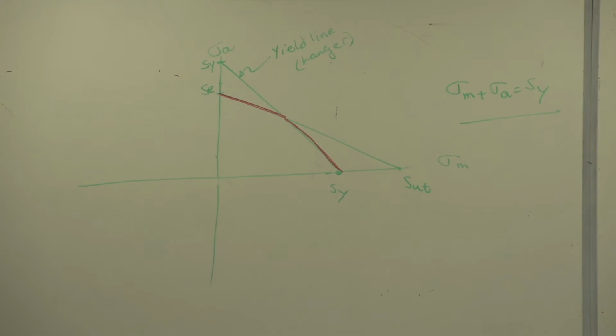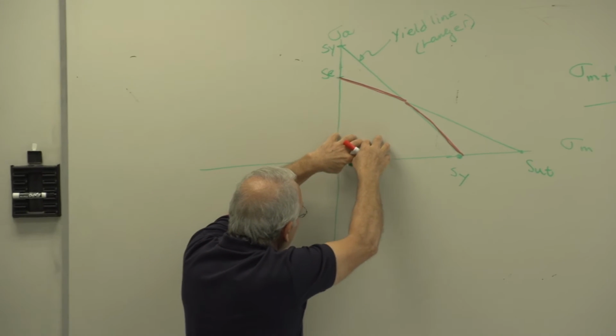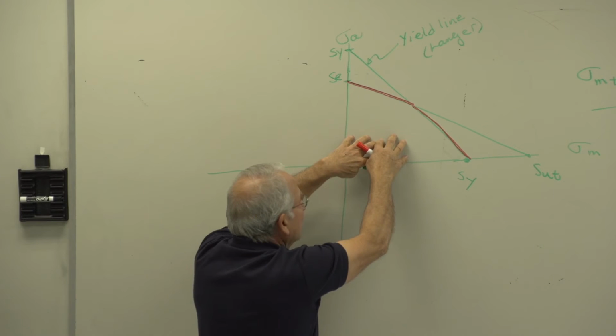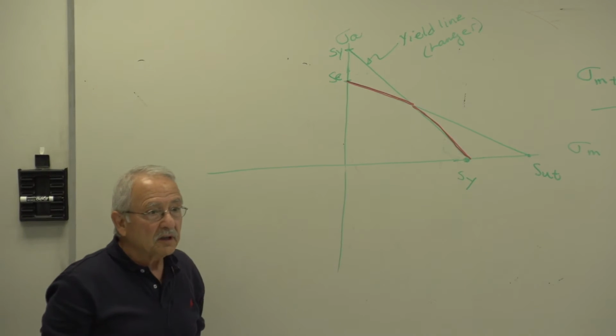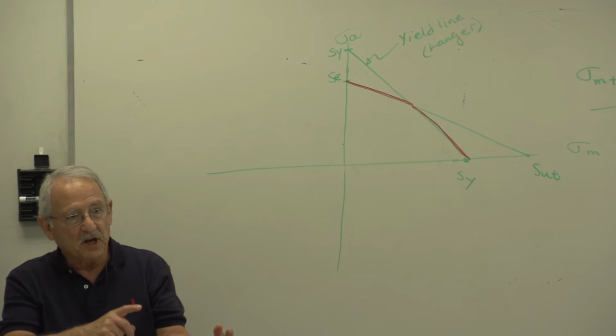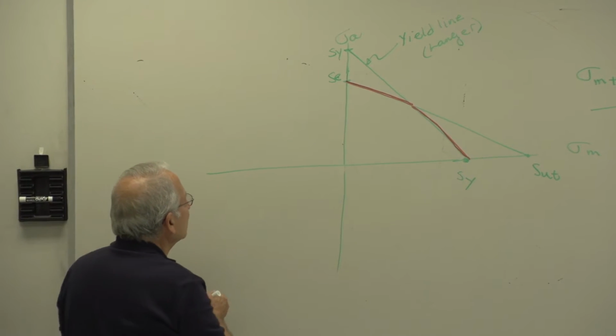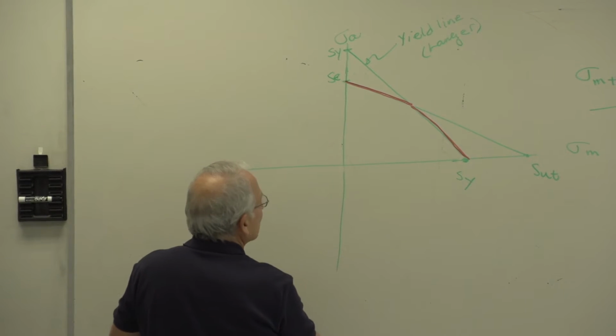Agreed? If my point plots here within this region, the material will not yield and it will have a life of 10 to the 6. If it's outside, not so. I'll show you about the factors of safety and all in just a second.